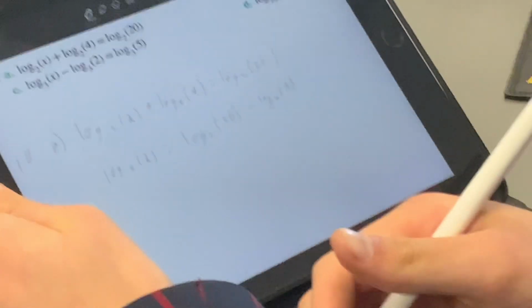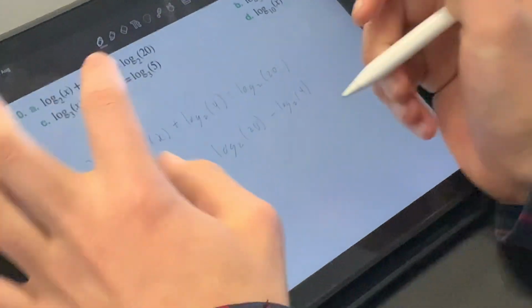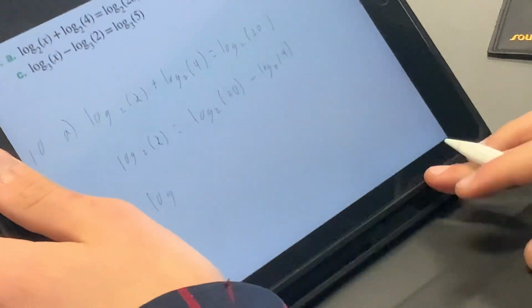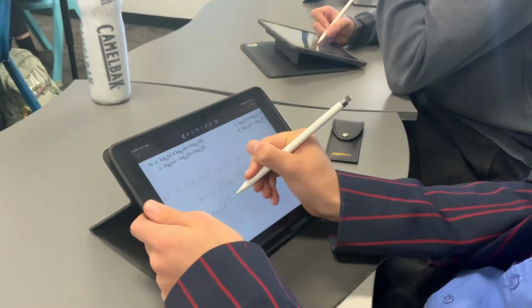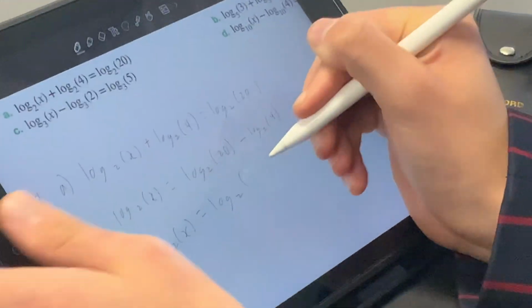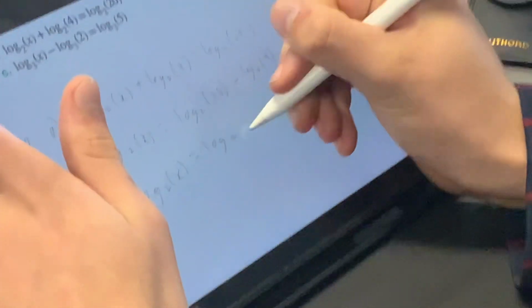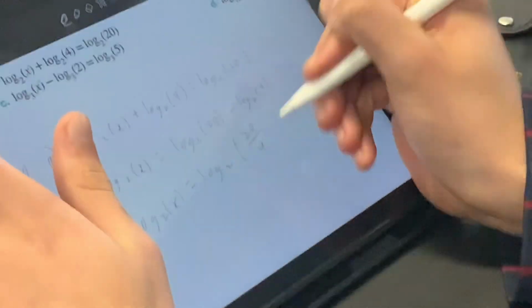That's wrong, sorry. Now we have log 2 x, and due to the log laws, 20 minus 4 becomes log 2 x equals log 2 of 20 over 4.